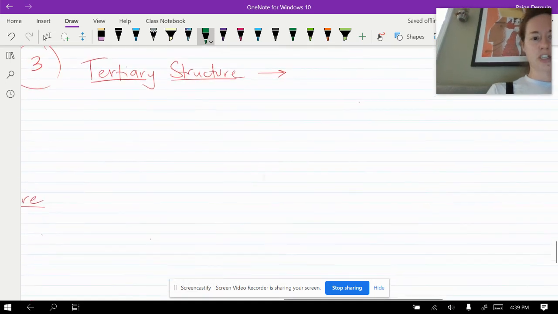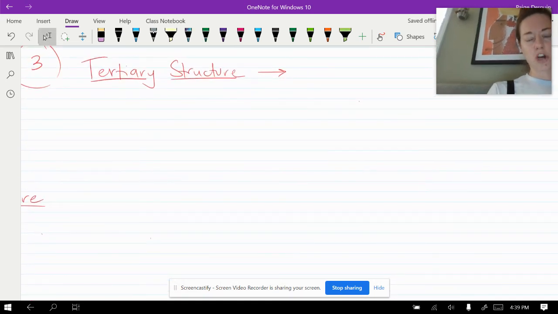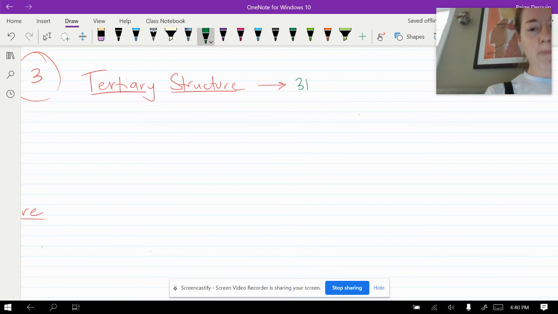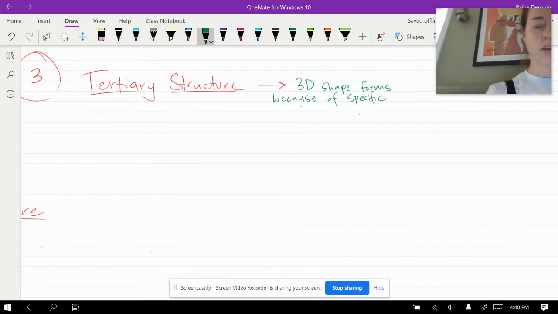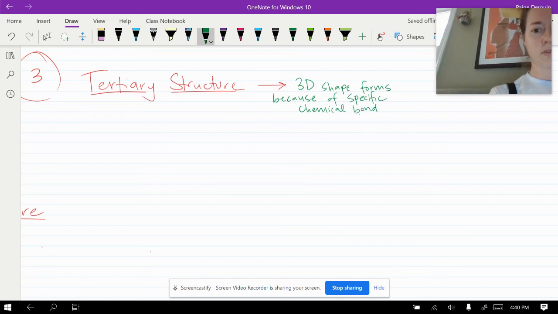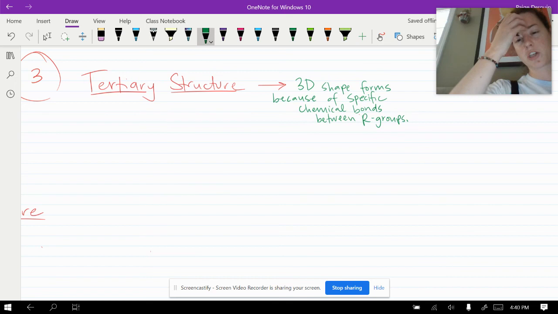The tertiary structure, tertiary means third, is a 3D shape that forms because of specific chemical bonds between R groups. The R groups were those things that I showed you a picture of before.